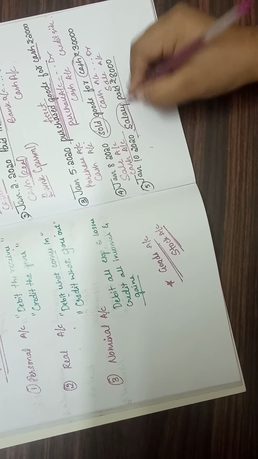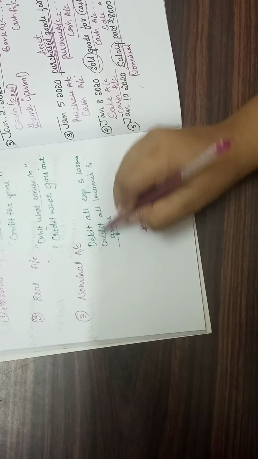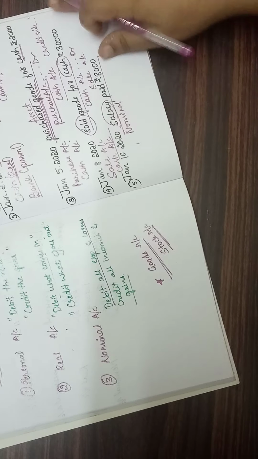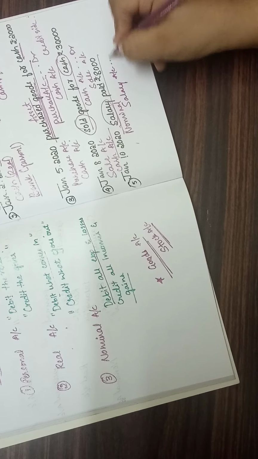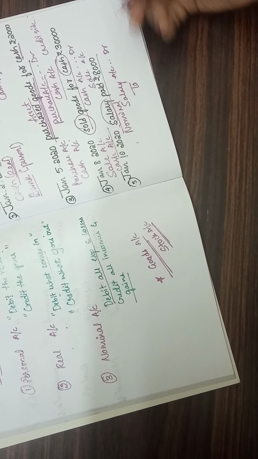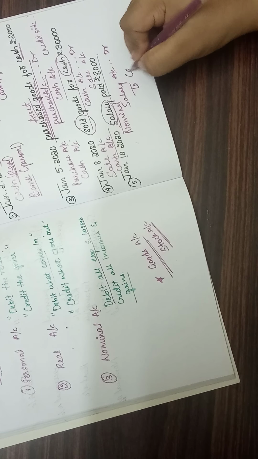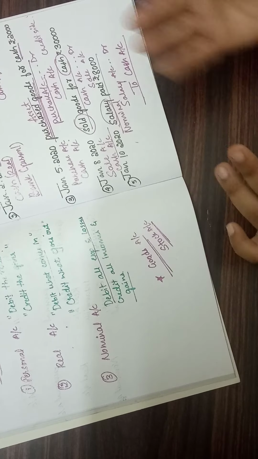The fifth one: we have paid salary. We know that salary is a nominal account, and in nominal account we debit all expenses and losses. So we write salary account debit, and since it was paid, we write cash account. Now let us go to another level.